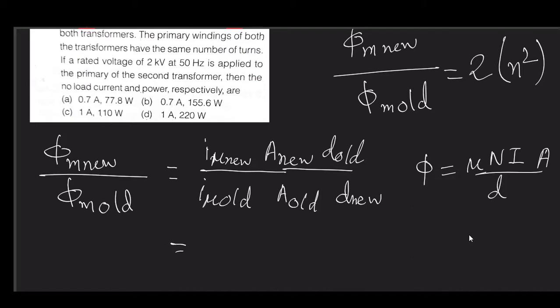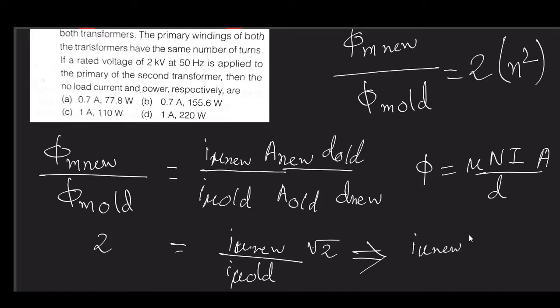What is this ratio? We know this is 2. This is I mu new by I mu old. Here it is how much? A new by A old, this is 2, and D new by D old, basically this will give you root 2. So this gives us I mu is root 2 times of I mu old. So how much will it be?